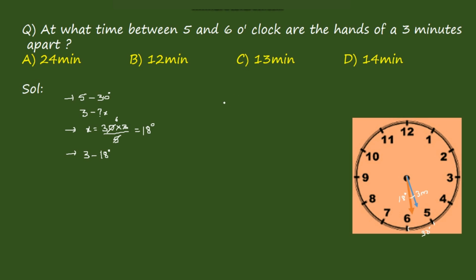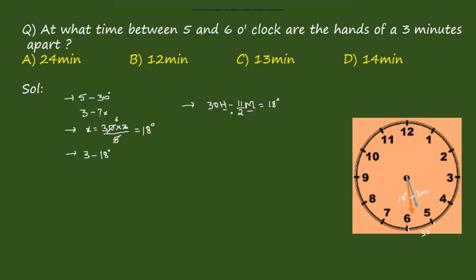Now just using the formula, 30h minus 11 by 2 m is equal to the angle, which is 18 degrees, and find the value of m.